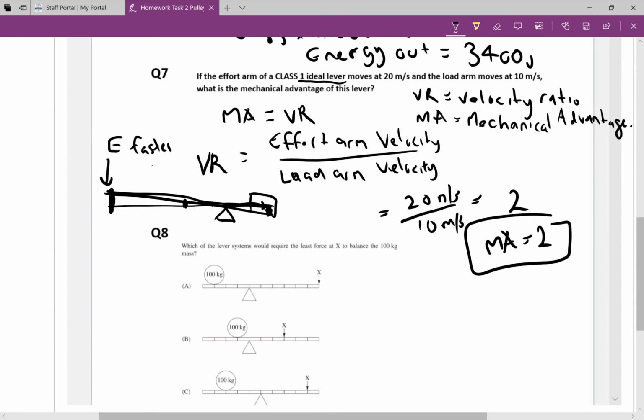Okay, so that's just showing you that you can work out mechanical advantage as effort arm over load arm, or you can work it out as force of the load over force of the effort. And there's lots of ways of doing this. Okay, so this is just one more way of thinking about things. So that is your question 7.